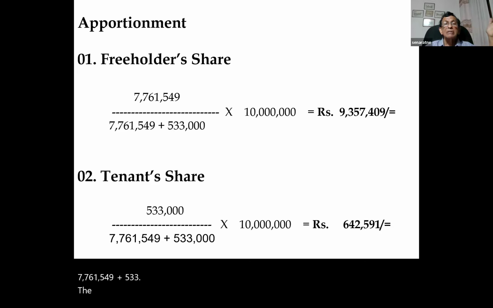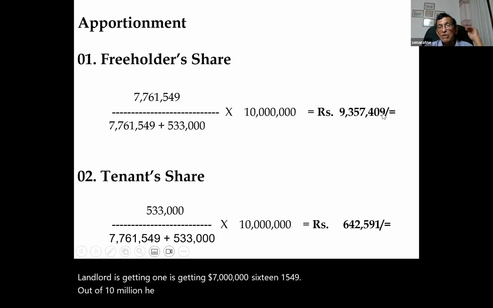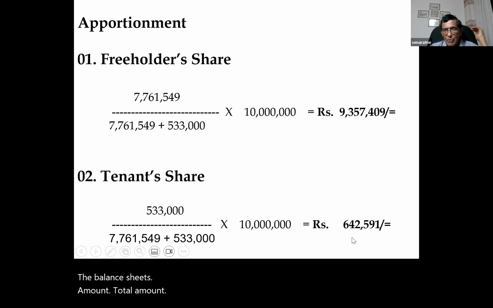Out of that, the landlord, the owner, is getting 7,761,549. Out of 10 million, he is getting 9,357,409. The balance is the tenant's share. Out of this total amount, 533,000 is the tenant's share. Out of 10 million, his share comes to 642,591.